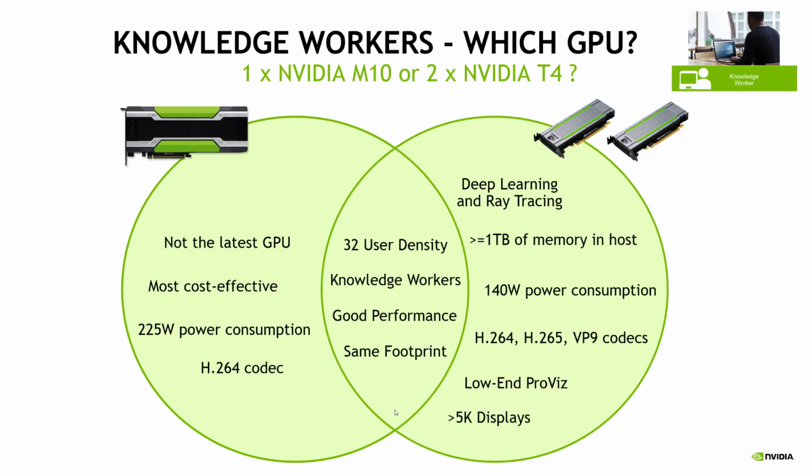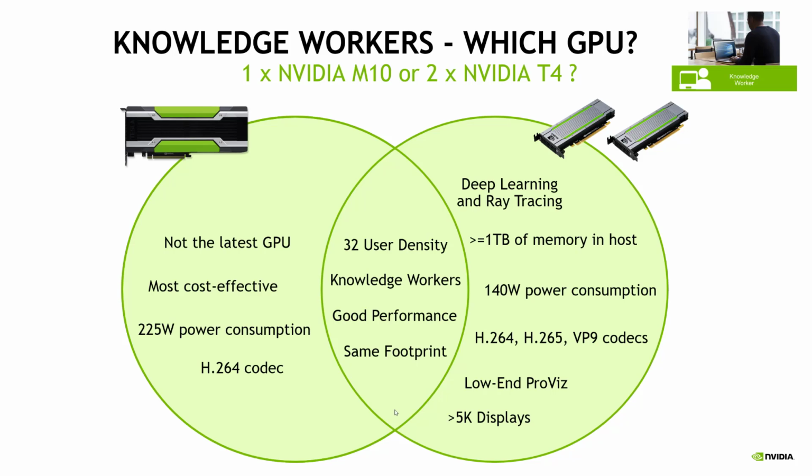They're really good cards if you have mixed workloads, so you have some knowledge workers and you have some higher-end professional visualization guys as well. So always go with T4 wherever possible. Where the M10 shines is it's got a big frame buffer, and it's also lower cost than two T4s. Each T4 has 16 gig of memory, so between them they have 32 gig.